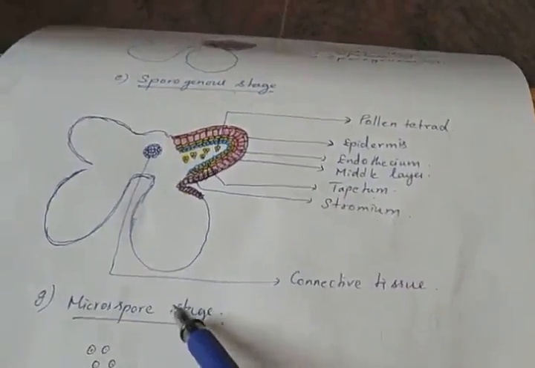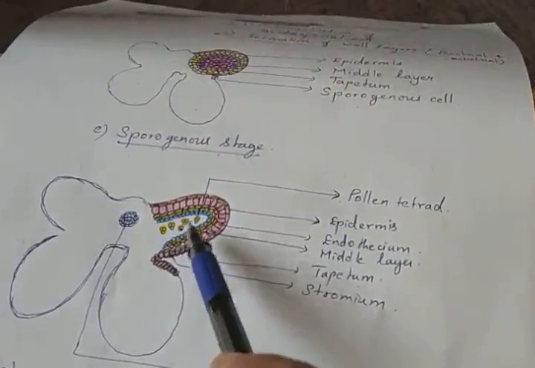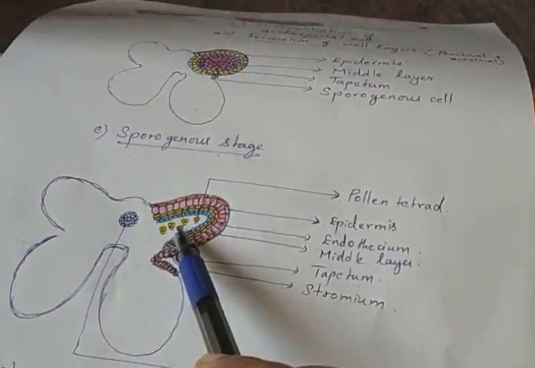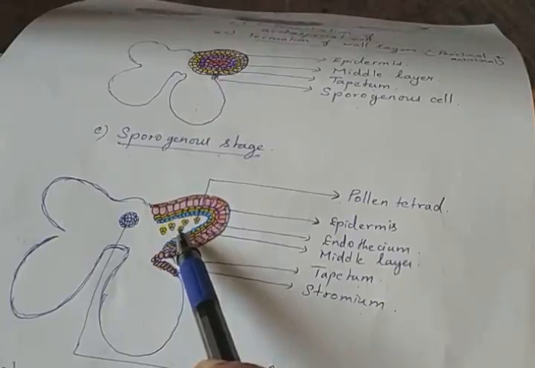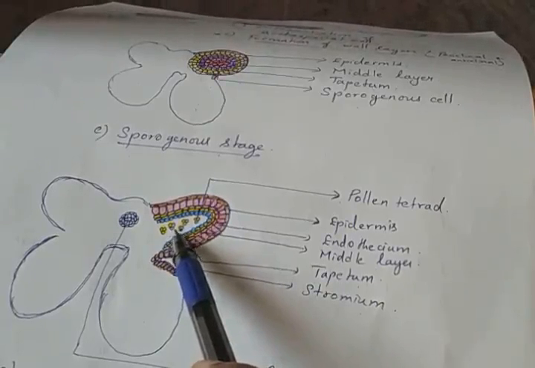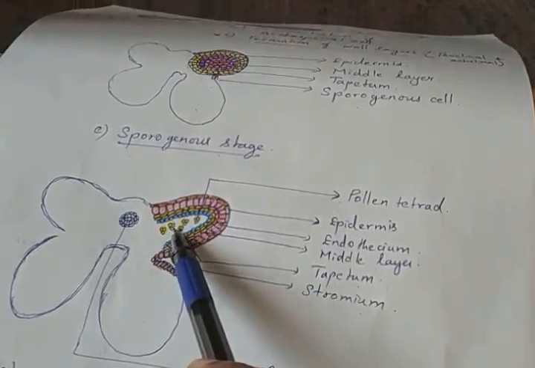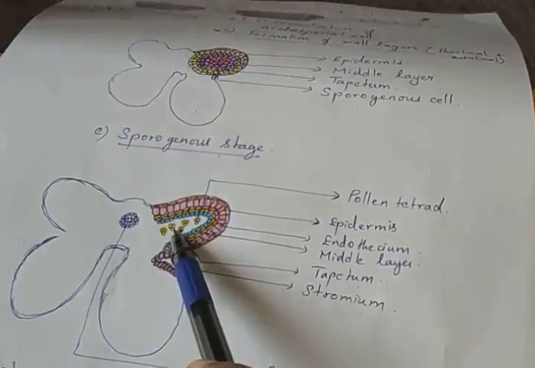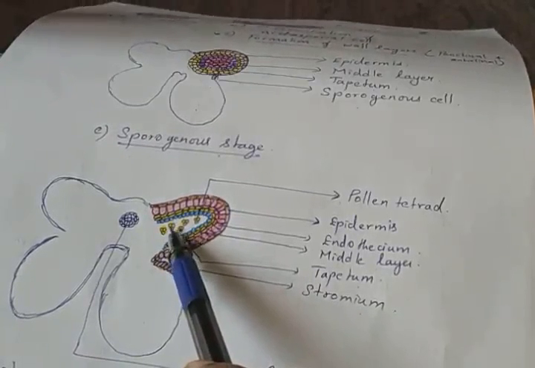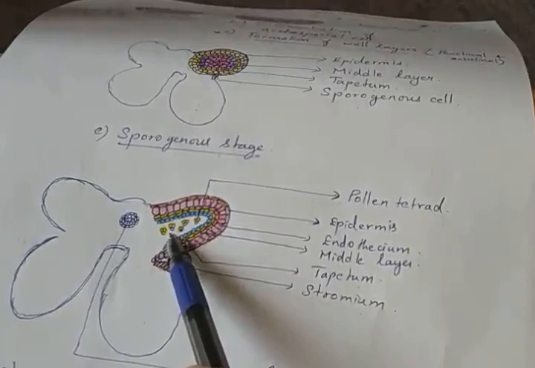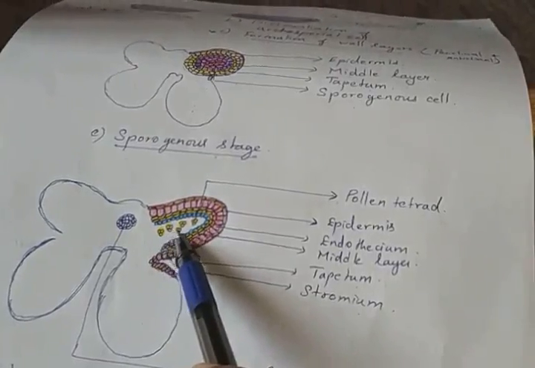At this sporogenous stage, the sporogenous mother cell divides. Meiotic cell division takes place here and gives rise to 4 haploid cells. These 4 haploid cells are seen in clusters that we call a pollen tetrad.